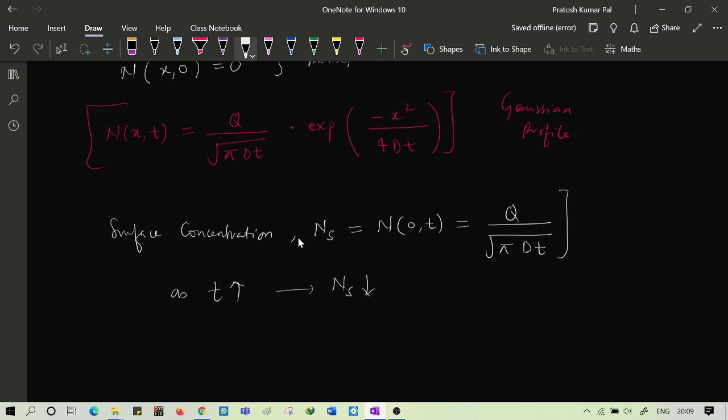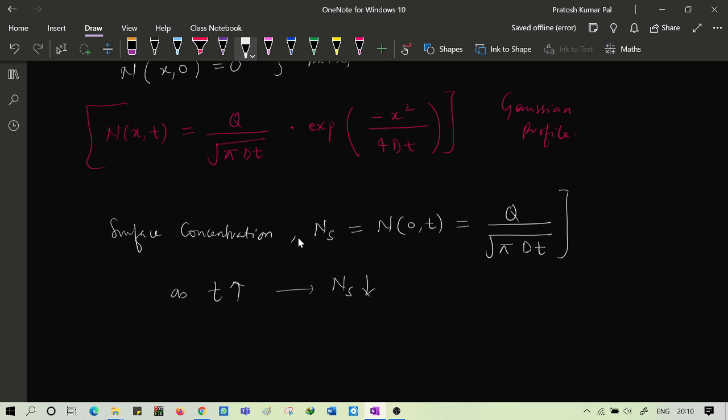That means if the diffusion has been taking place for some amount of time, then the surface concentration, which was initially Ns at x equals to 0, is going to reduce as time passes.